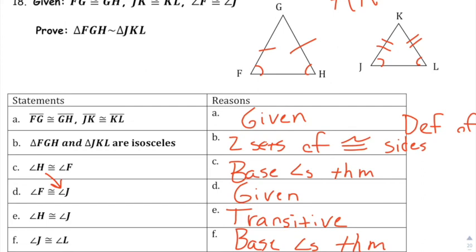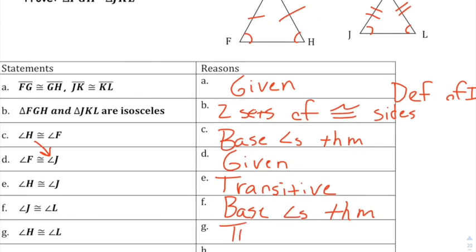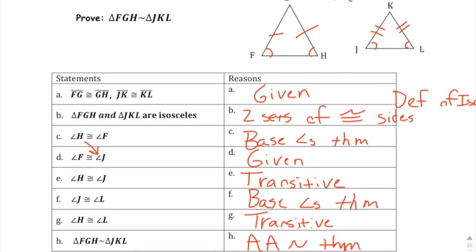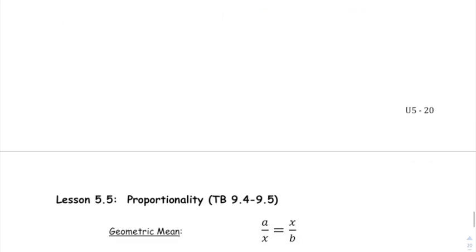And then H is congruent to L. So that's also going to be your transitive property again. Kind of making a bunch of conclusions. Alright, and then therefore, since you have two sets of congruent angles, we can say by the angle similarity theorem that those two triangles are similar. And I believe that is it.